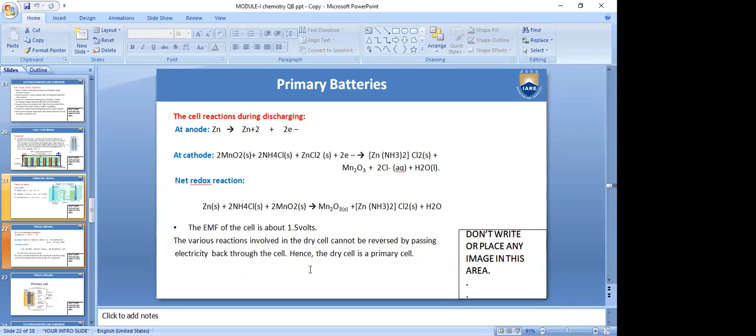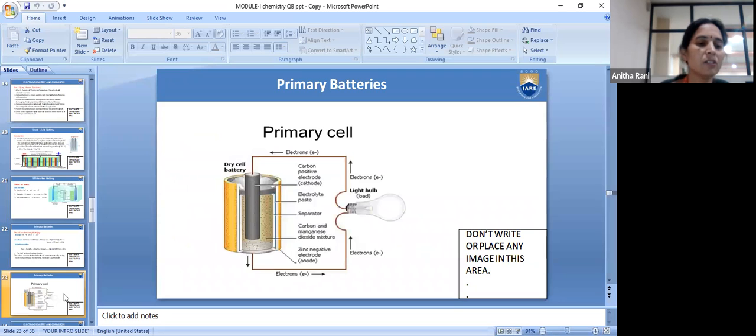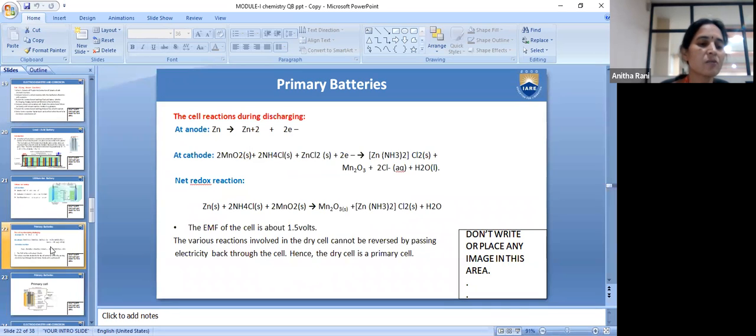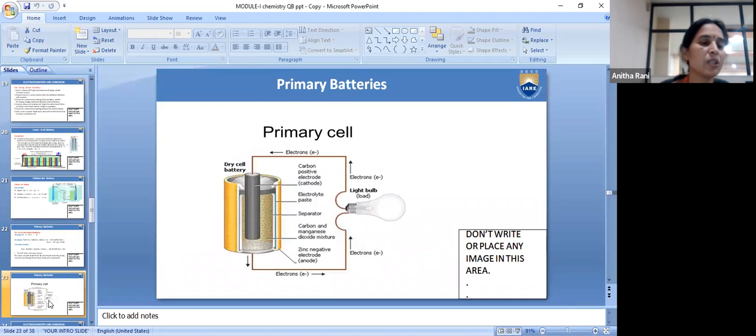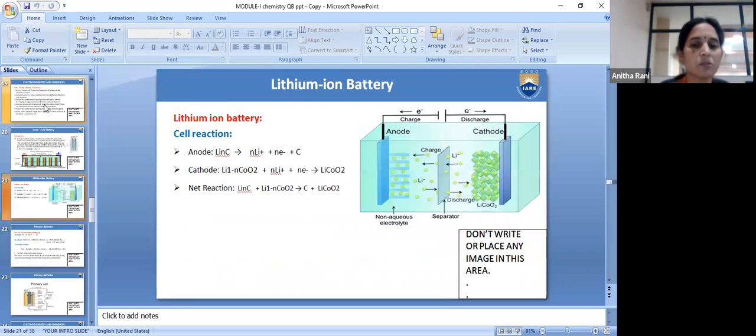No, it is irreversible. So it is called a primary cell. Why is it called dry cell? Because we are not taking a liquid medium electrolyte. We are taking a paste.